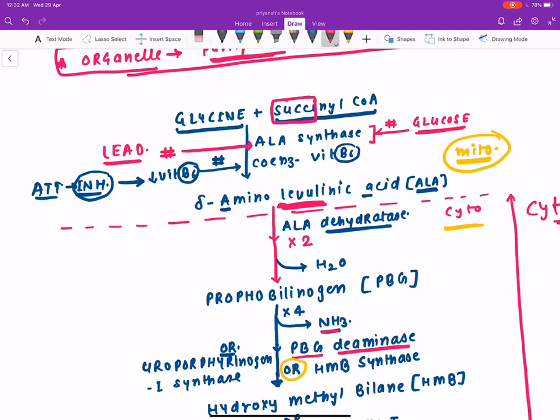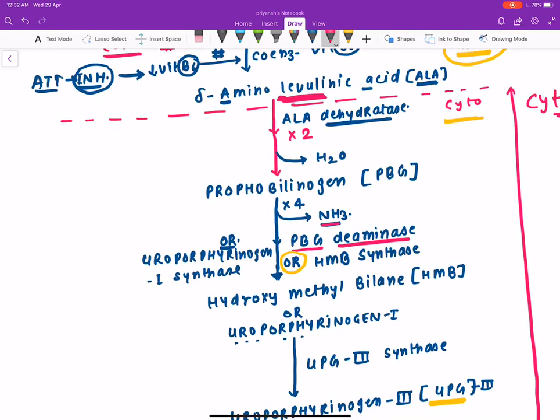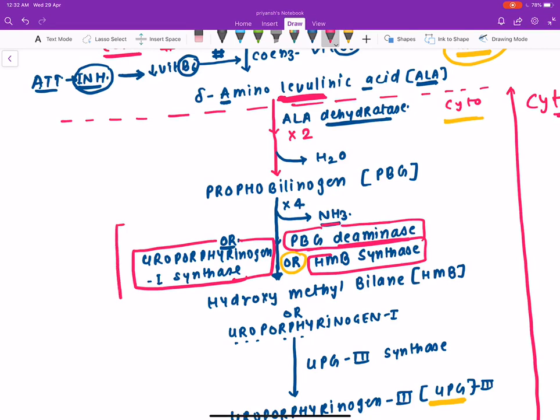There are certain disorders associated with some enzyme deficiency. The most important is uroporphyrinogen 1 synthase, which is also called porphobilinogen deaminase, which is also called HMB synthase. All are the same.